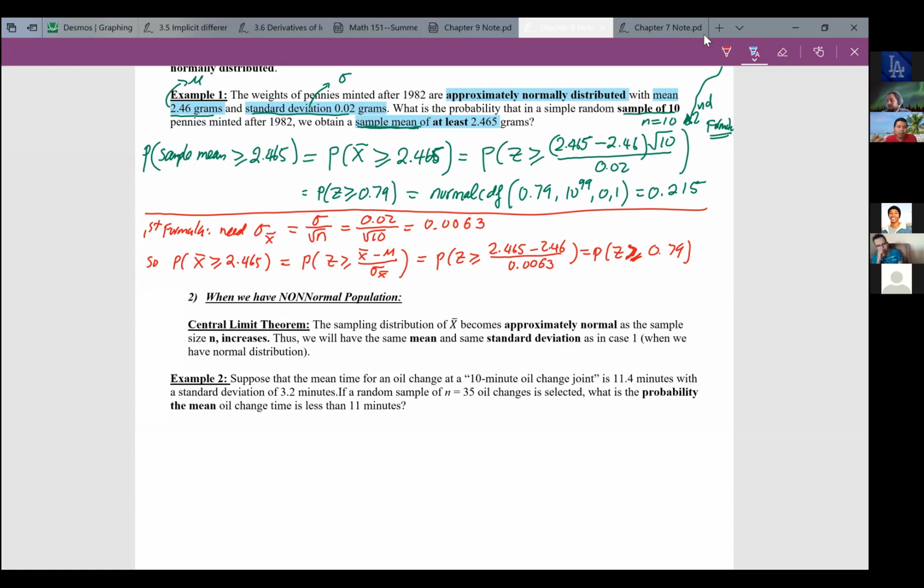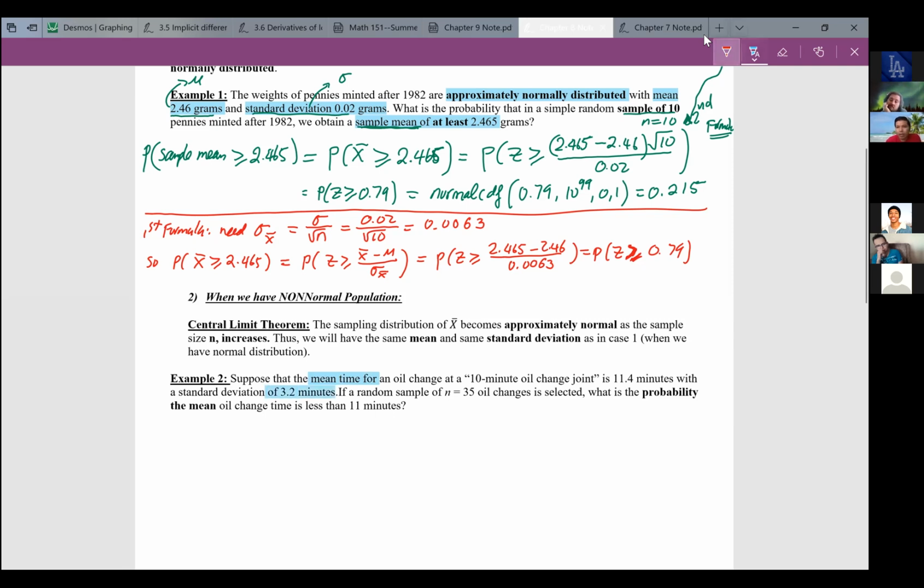So example 2. Suppose that the mean time for an oil change at a 10-minute oil change shop is about 11.4 minutes. Meaning when you go to a store to get your car's oil changed, it takes them on average around 11.4 minutes. And the standard deviation is about 3.2 minutes.